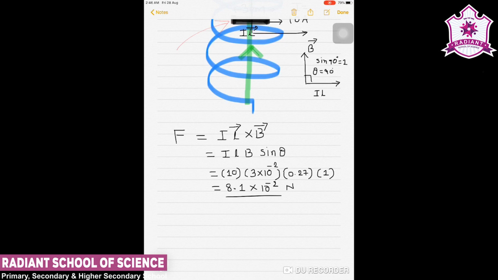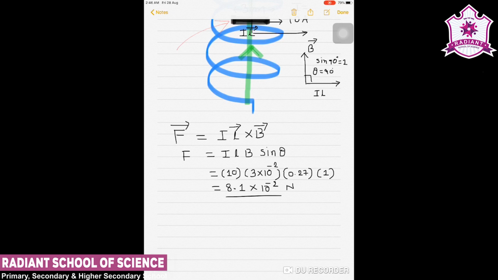Now suppose I want to find the direction of this force. To find the direction of the force, what should I do? For that you have to remember Fleming's left hand rule. Up to now we have always applied the right hand thumb rule or right hand screw rule, but now we have to memorize Fleming's left hand rule.